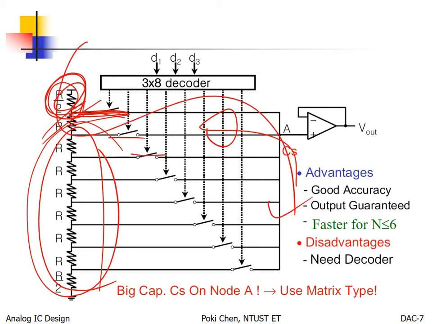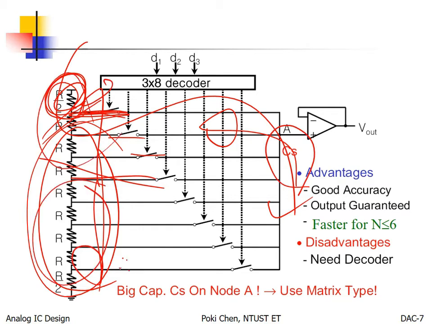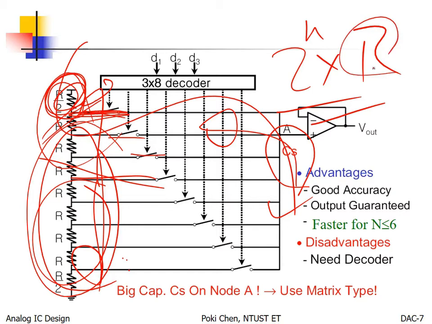So what is the maximum equivalent resistance? You will see for this one in the middle. To the top, to the bottom, they are the same. So briefly, never mind balanced or unbalanced structure, you have 2 to the n power by R, right?